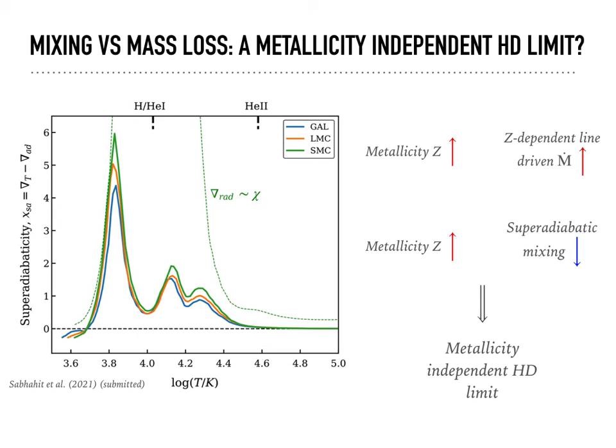So any mixing mechanism that's implemented to deal with superadiabatic mixing would do so as a function of metallicity. So as Z increases, the excess envelope mixing required to keep the star sub-Eddington reduces. Combined with the direct effect of line-driven mass loss, which increases with metallicity, we get a metallicity independent HD limit.